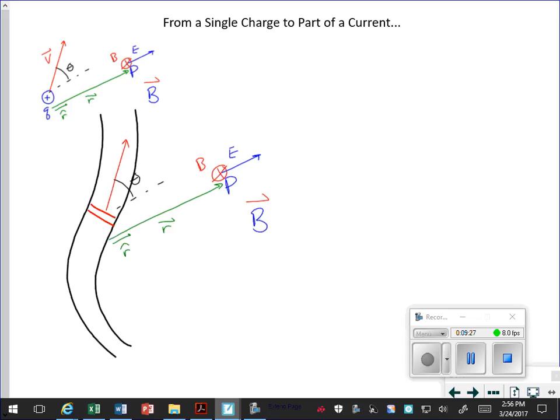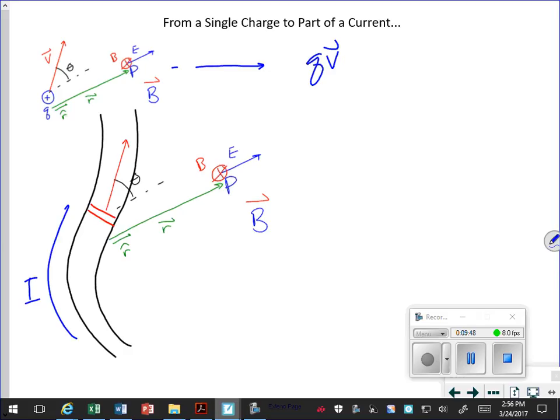Here's what happens. In our first case, we started with this QV, when there was literally a single charge moving at speed v. Now we're saying that there is a current I moving along this tube full of charge.